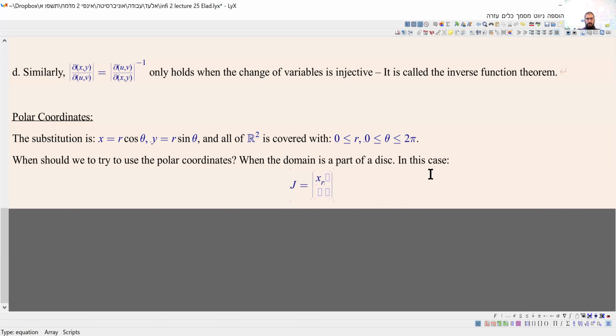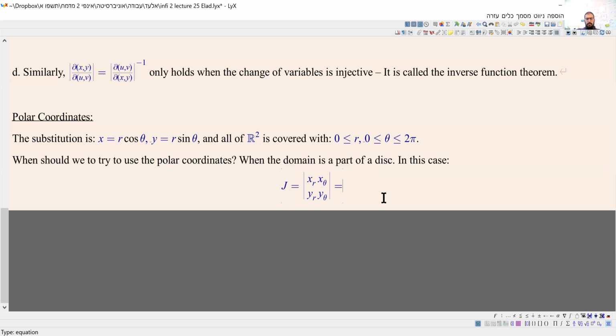X by r, x by theta, y by r, y by theta. Which leads to x_r y_theta minus y_r x_theta.